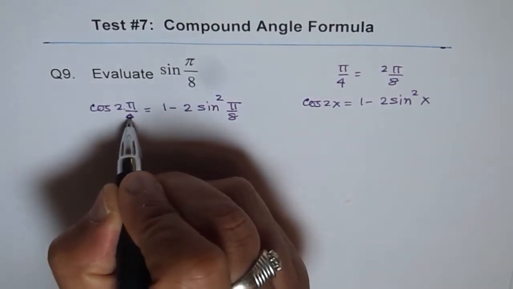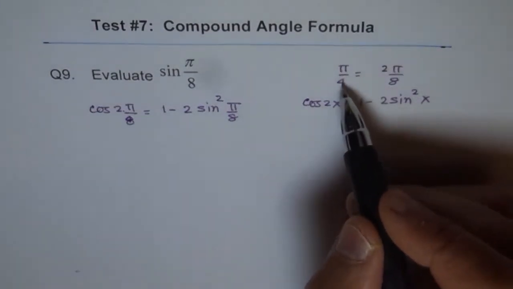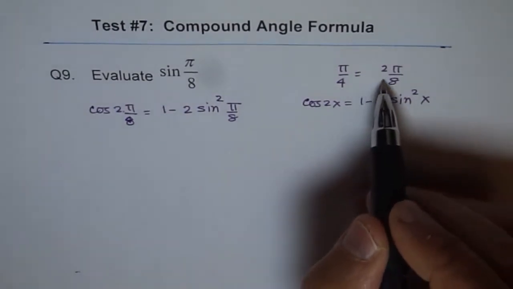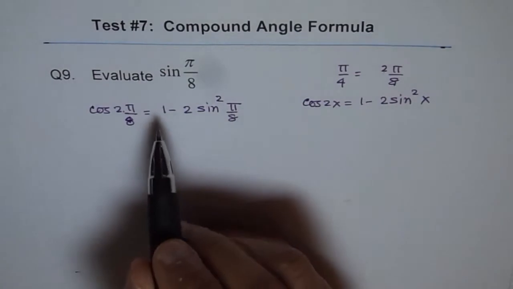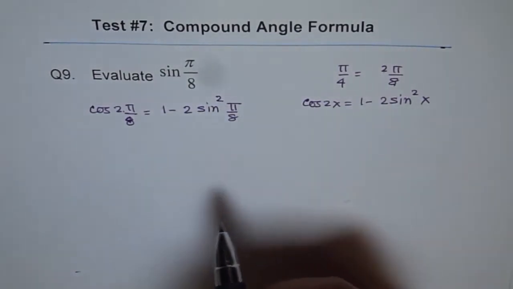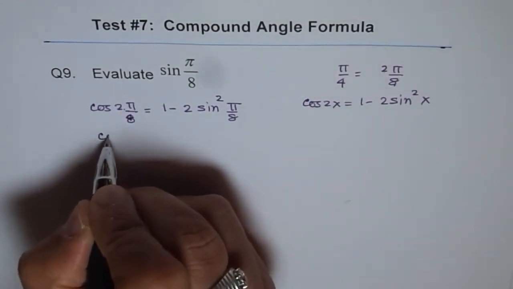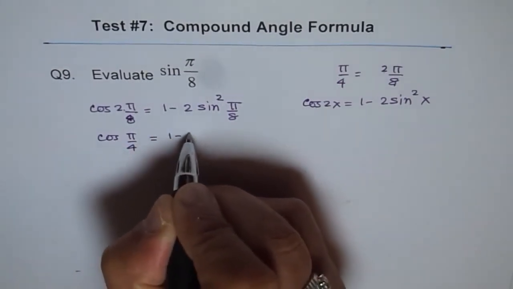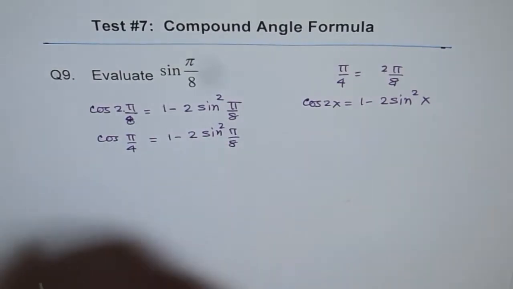So pi over 4 is actually 2 times pi over 8. So we'll do cos of 2 times pi over 8, right? Which is 1 minus 2 sine square pi over 8. Do you understand? So that is how we do. And what is 2 times pi over 8? That is cos of pi over 4 equals 1 minus 2 sine square pi over 8, right?